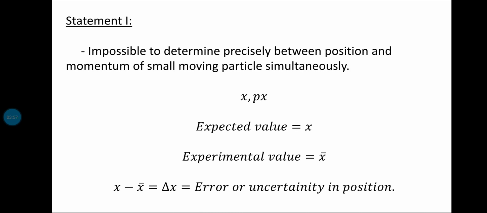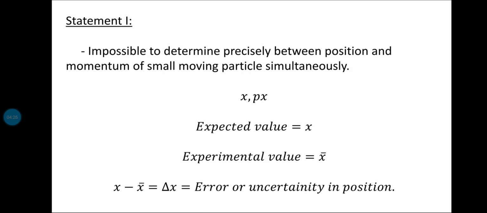This is the first definition. By taking position and momentum, you cannot determine both position as well as linear momentum of a small particle simultaneously, which is moving along a particular axis or direction. Now, I am determining the expected value of position.